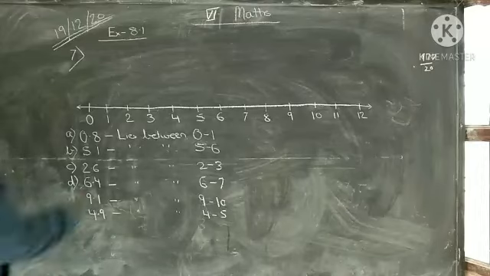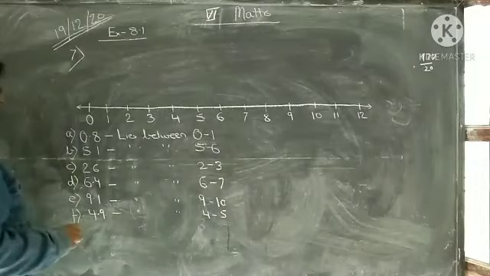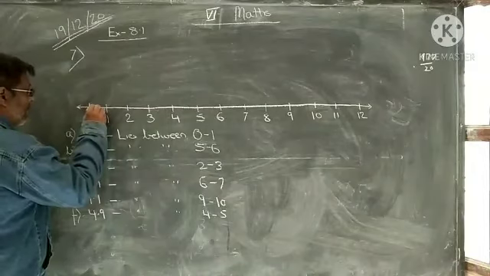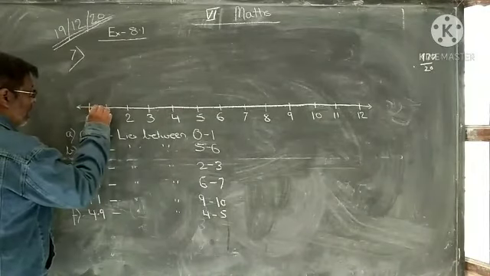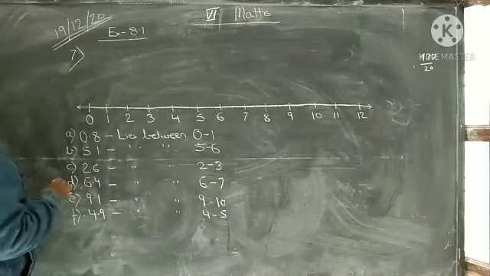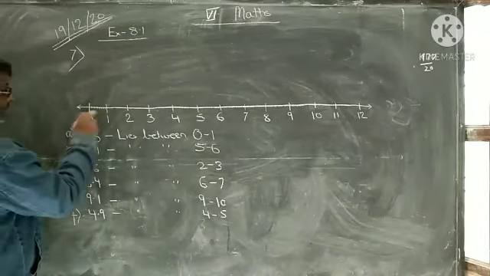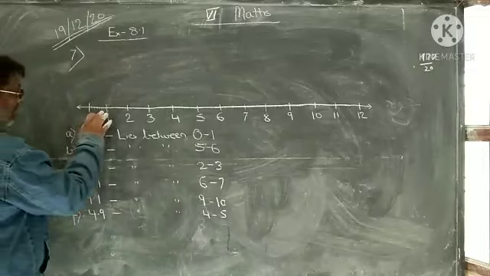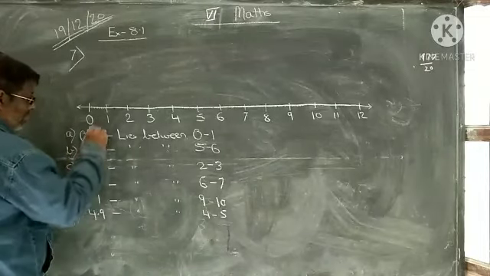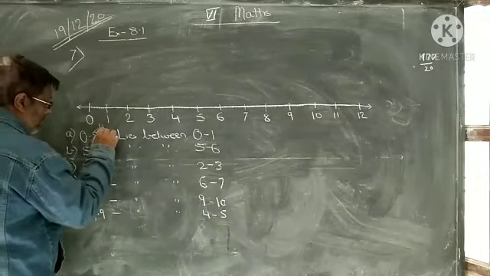So the first one which we have is 0.8. If we mark 10 lines between 0 and 1, we need to divide this. As I see, it says only one digit, it will be 1/10.